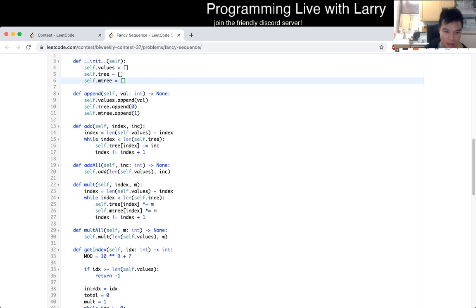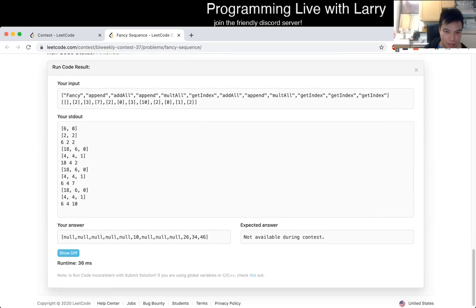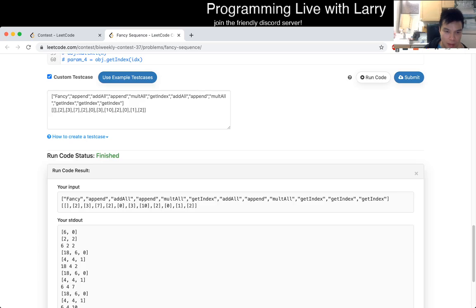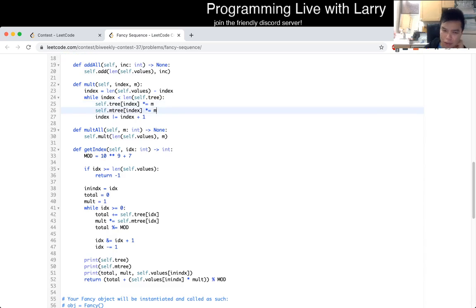So I need to mod this, I think, but I think this part's okay. I just need to figure out how to do the multiplier in a good way.